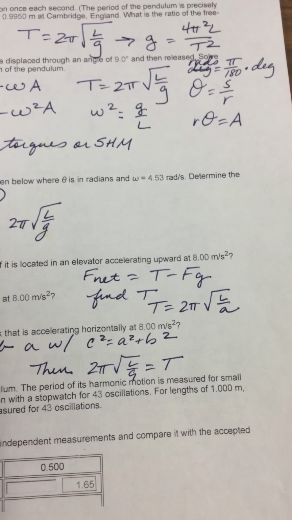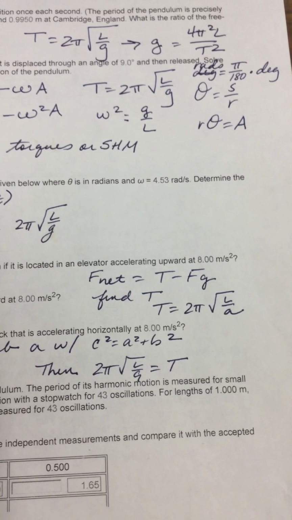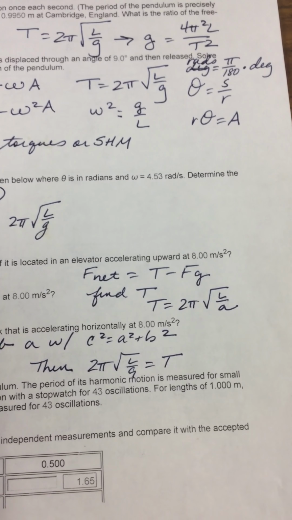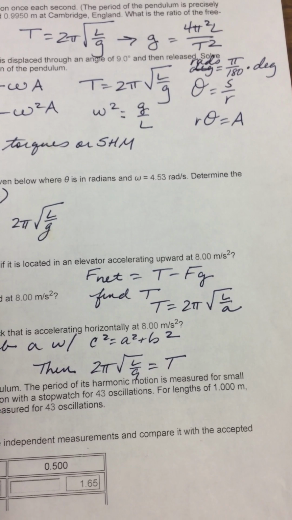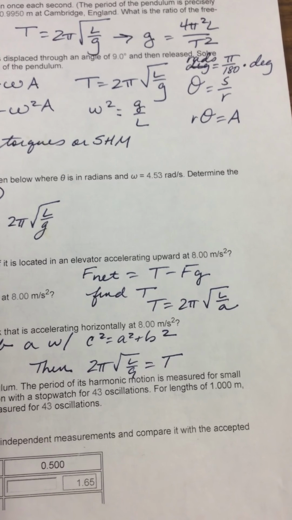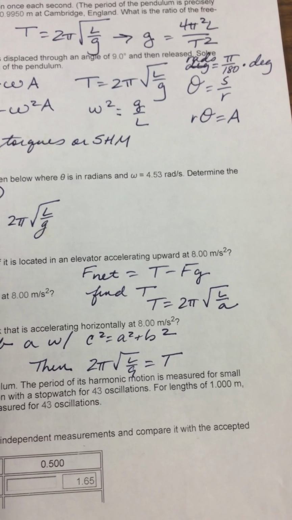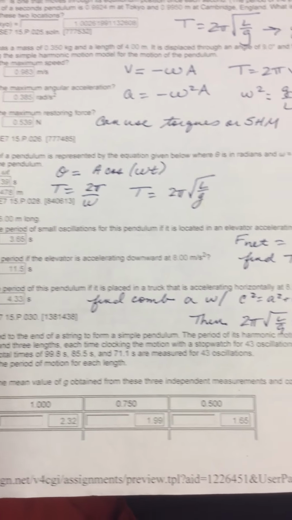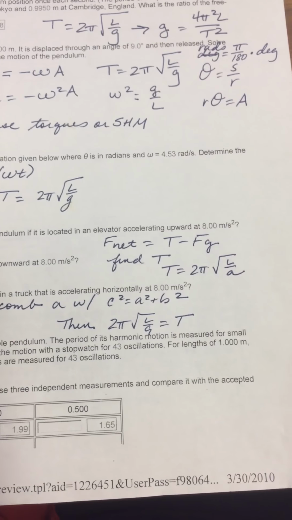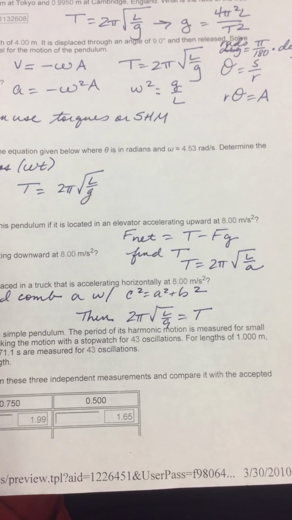You've got a tension going up and gravity going down, and which one is bigger determines what your acceleration truly is. Once you know the acceleration, you can plug it into that equation. If you're dealing with accelerating downward, then Fg is going to be bigger than T, right?